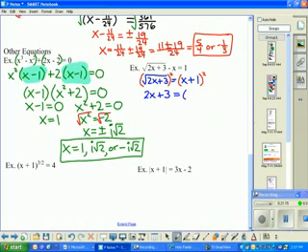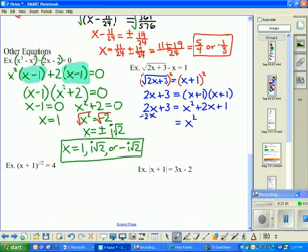So this really means I'm taking x plus 1 times x plus 1, which means I need to FOIL it. So I'll get x squared plus 2x plus 1. I like to have things on one side. So I'm going to have the x squared here on the right side.